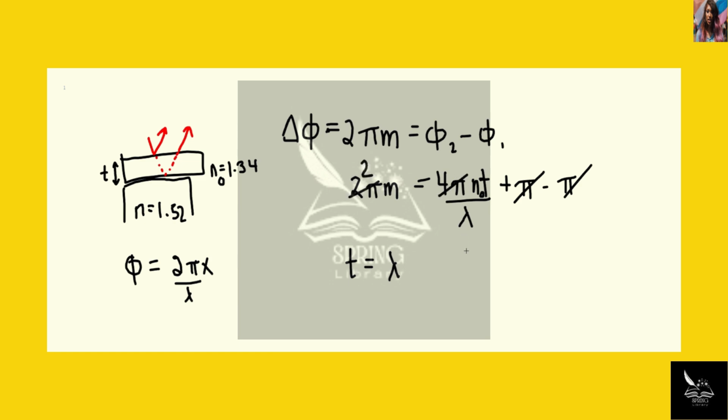And so then t is equal to, oops, should have put the 2 over here, t is equal to lambda over 2n. So let's go ahead and calculate that. Oh yeah, and that's n_o because it's traveling in the oil, not the glass.